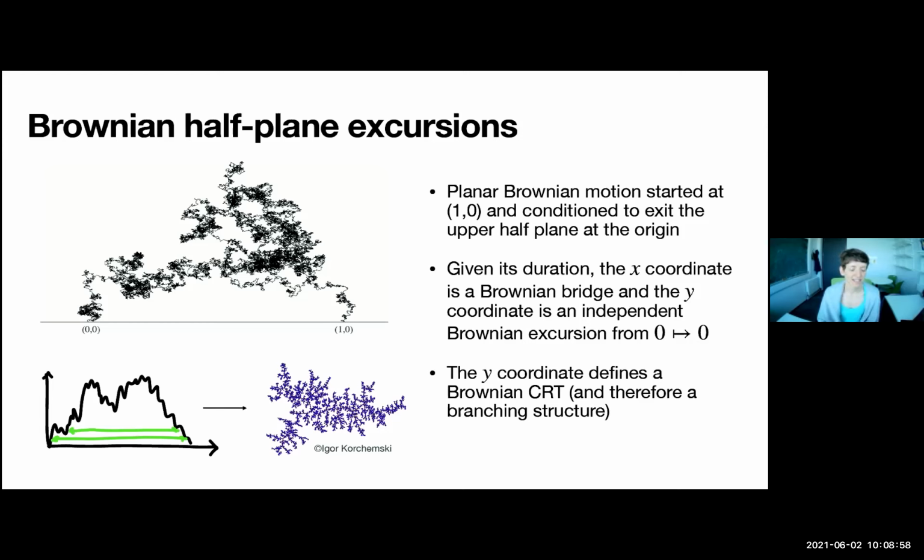If you have your excursion, which maybe looks something like this illustration in the bottom left-hand side of the slide, then you can put an equivalence relation on this by identifying points which can kind of see each other under the excursion, and then you can generate the Brownian CRT. So in this Brownian half-plane excursion, there is naturally embedded a certain branching process.